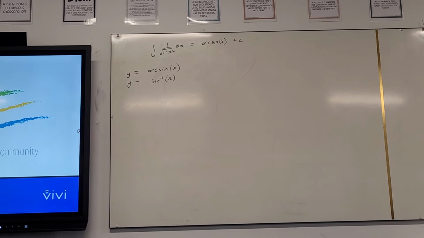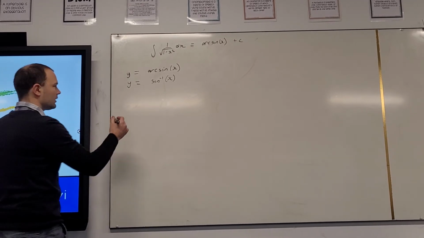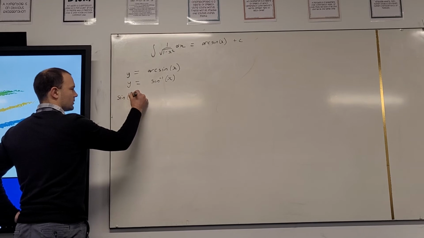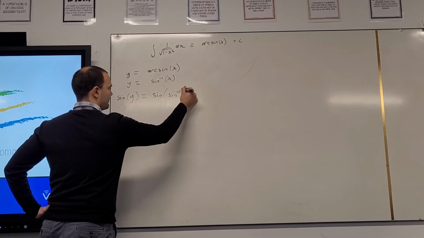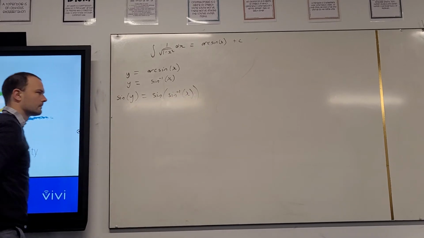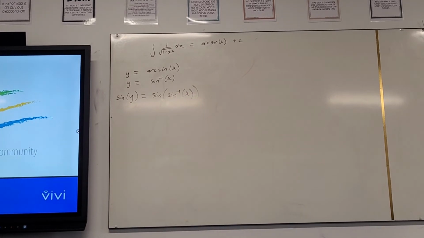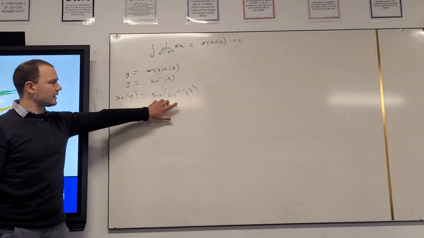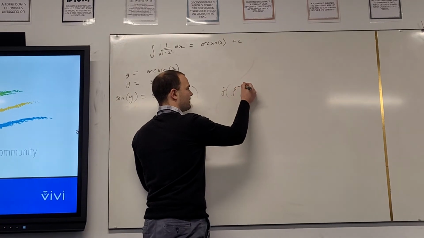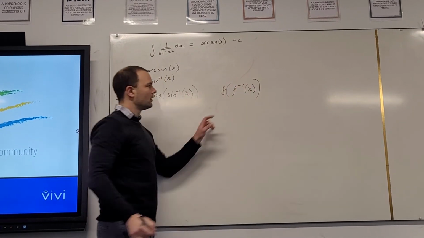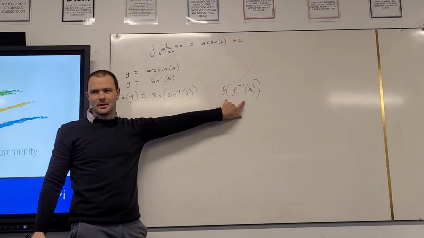Now, one way, if we were trying to solve for x, or if we were trying to graph the inverse function, is we can apply sine to both sides. So we're going to have sine of sine minus 1 of x. Okay, remember sine is a function, it's something we can apply to both sides. Now what's going on here is we have f of f minus 1 of x. So who can remember, what does that evaluate to?